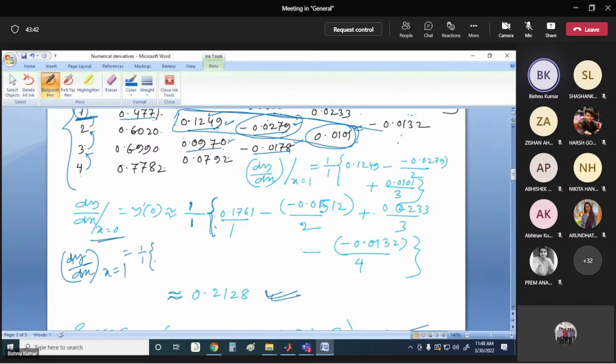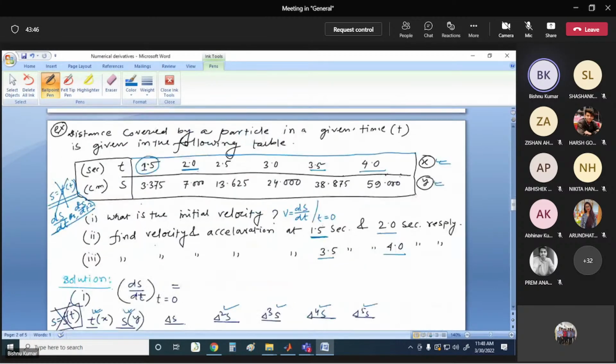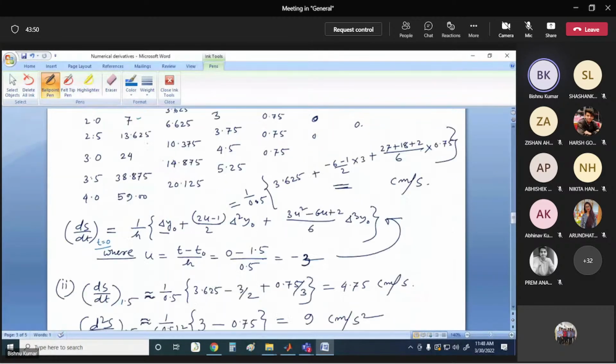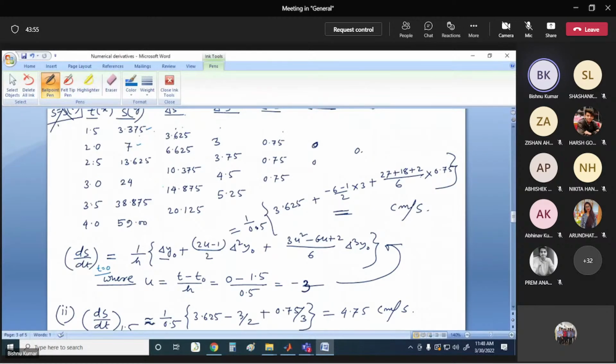Now come to question number 2, ds by dt at the first point. First point and initial point, what is the difference? You just try to understand. If the initial point t equals 0 is given to you, then t equals 0 is not the first point here.